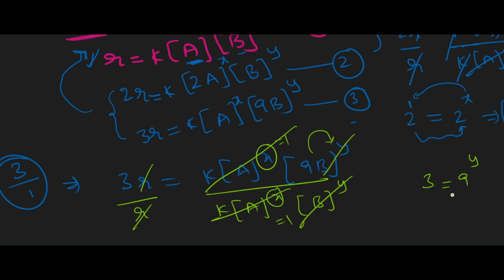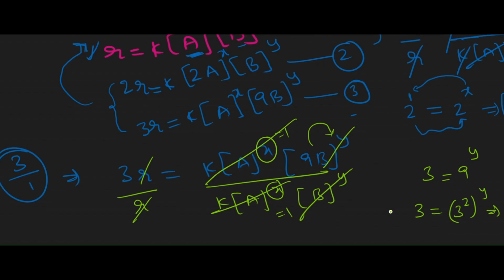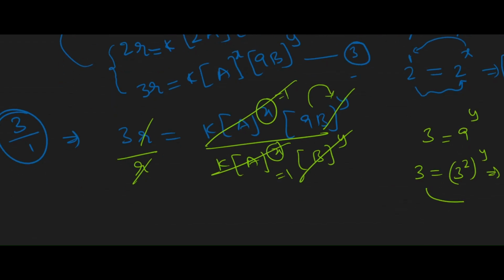We can write 9 as 3 squared, so 3 squared whole power Y, that means 3 power 2Y, equal to 3 power 1. That means 2Y is equal to 1. Therefore Y equal to 1 by 2.